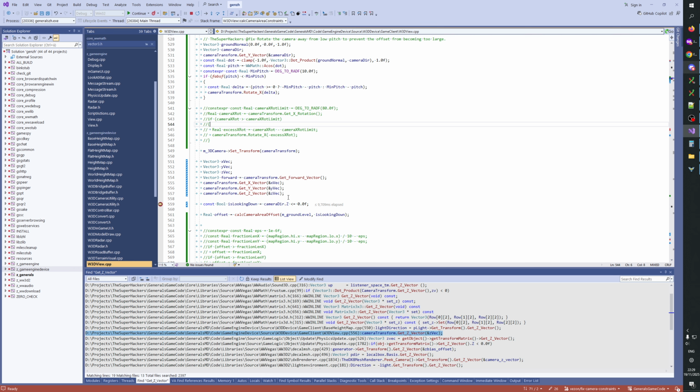So last session we were confused about this vector, about the camera transform rotation.